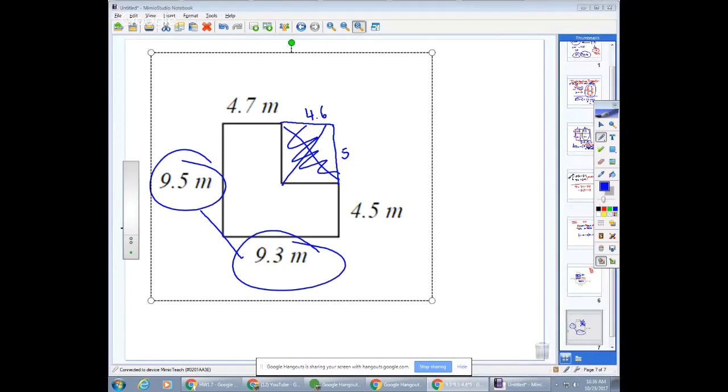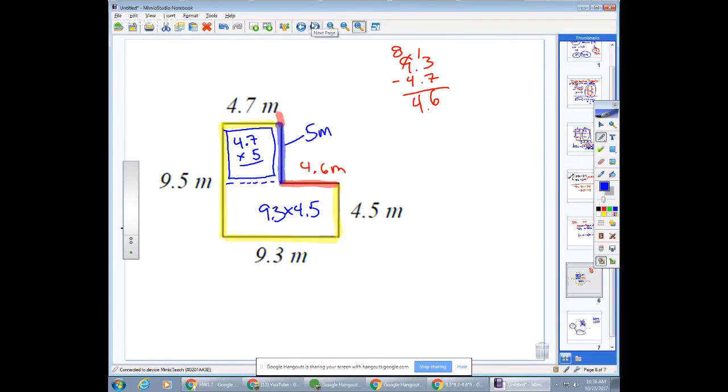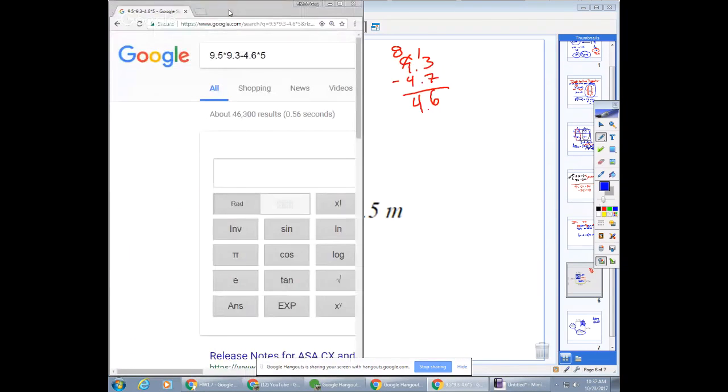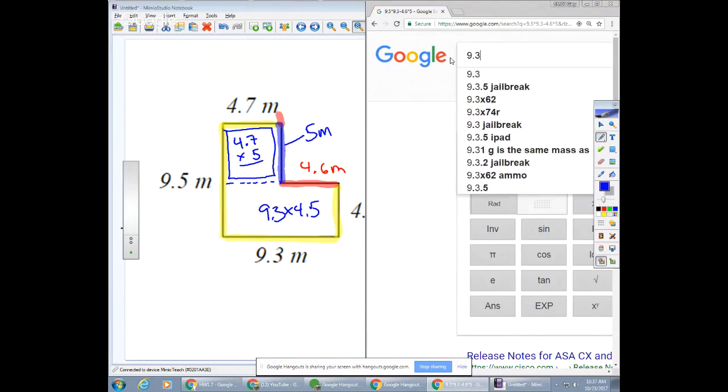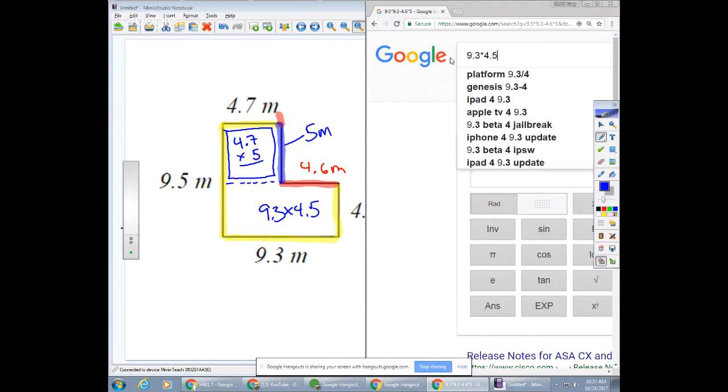So make a note of that. If I try the other way, I have two different areas to add up. So doing it the other way, what do we have? We have 9.3 times 4.5.